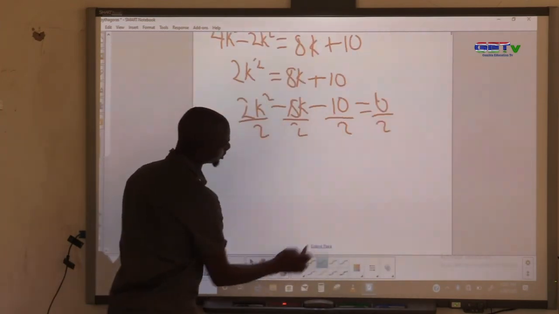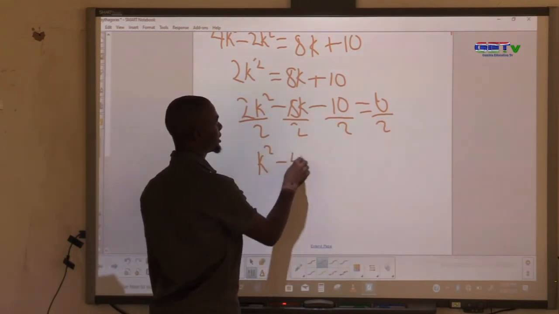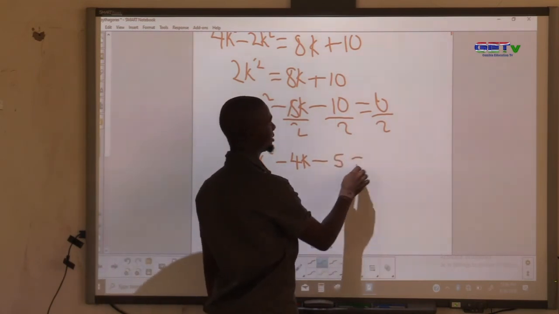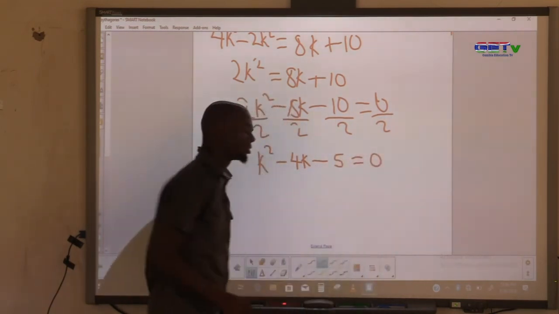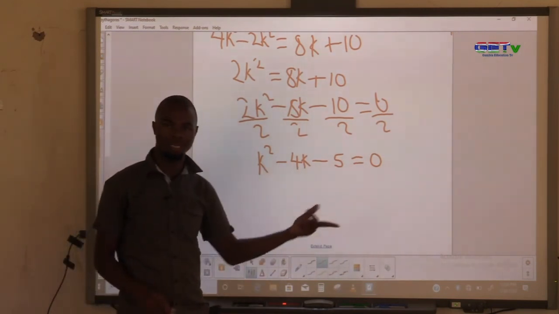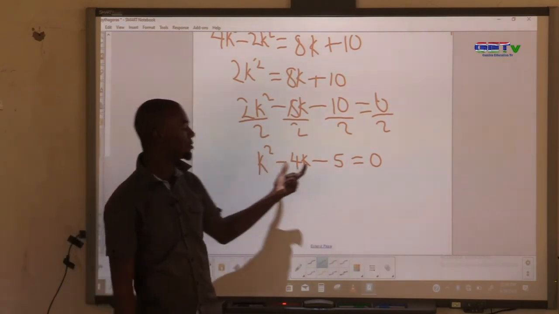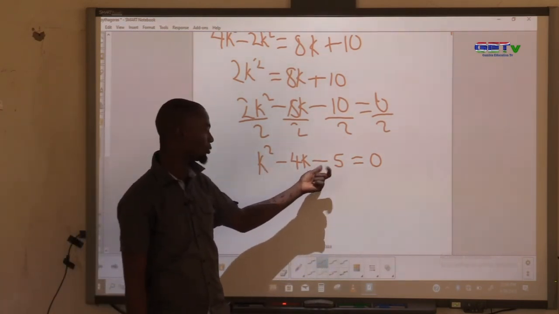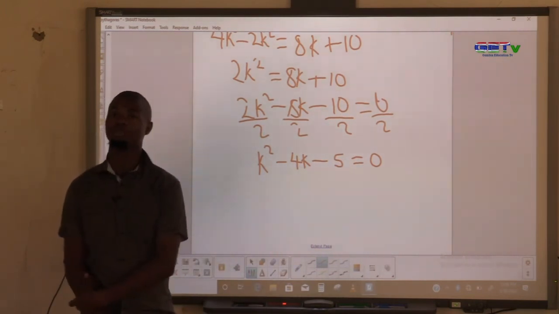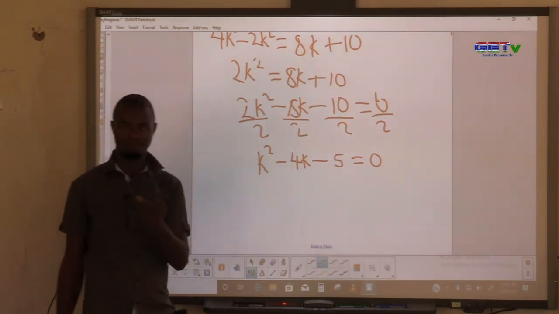So this will give us k square minus 4k minus 5 is equal to 0. If we solve it by factorization, we look for two numbers which, if we multiply, give negative 5, and if we add them, give negative 4. These numbers are negative 5 and positive 1.